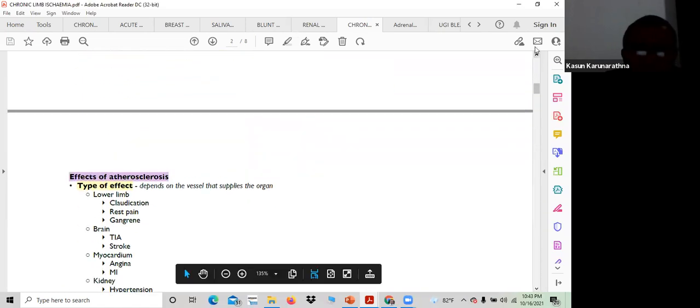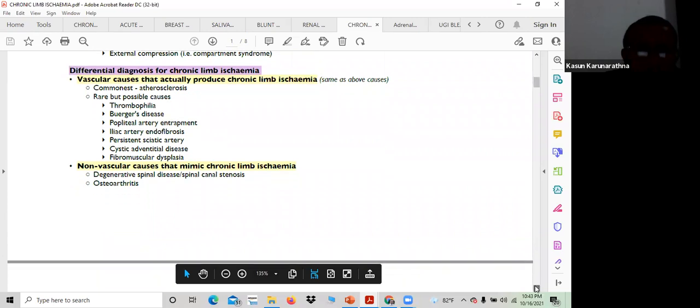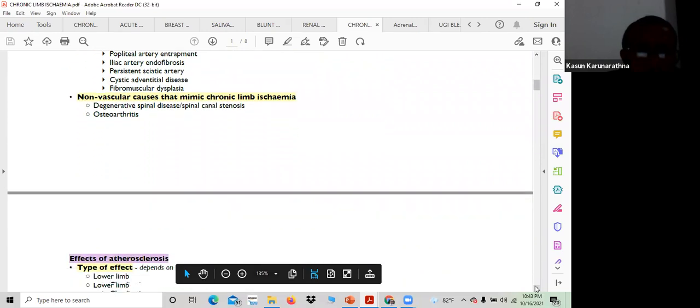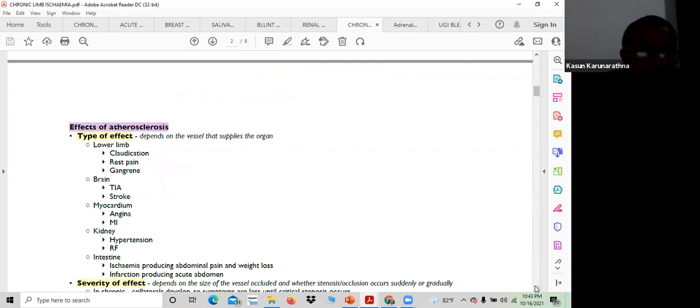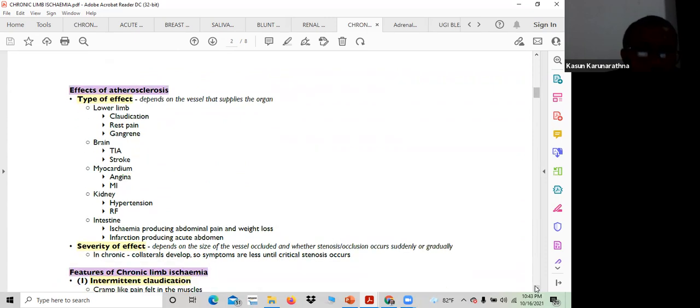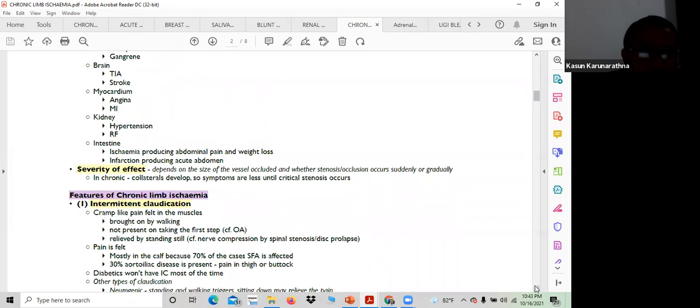The chronic limb ischemia is a long case, right? Non-vascular causes that mimic chronic limb ischemia: osteoarthritis, degenerative spinal disease. Atherosclerosis can affect lower limb, brain, myocardium, kidney, anywhere else, right? Intestine.